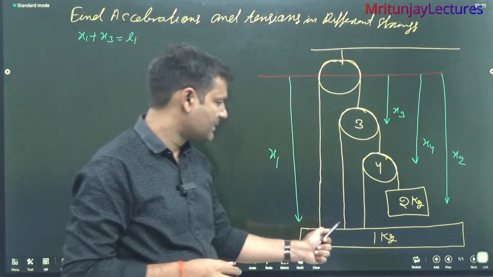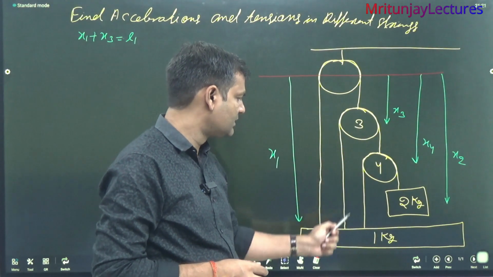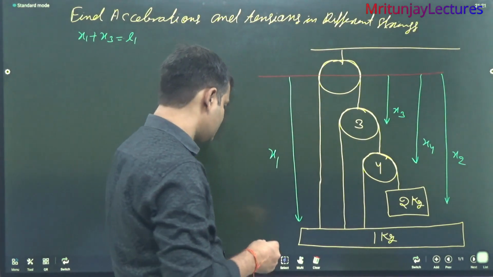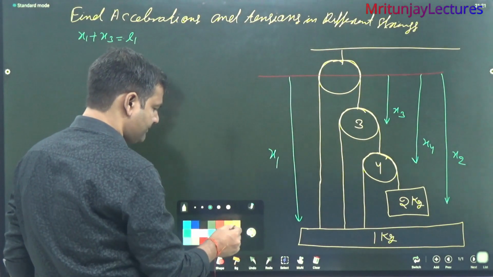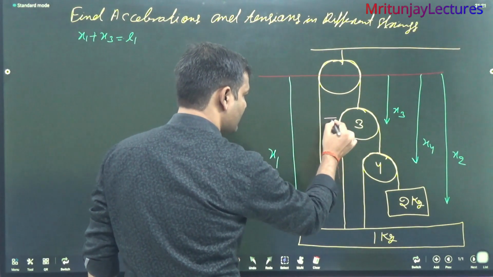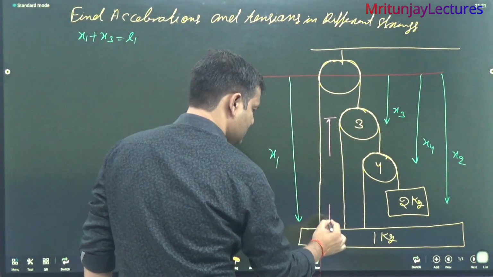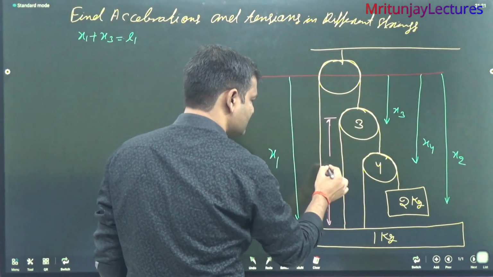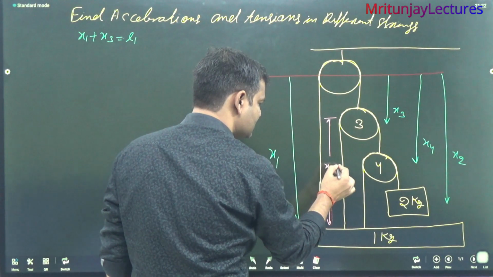Now the second one, the length of this string is L2. What about the distance? We have considered from here to here. This one is x1 and that is x3. So that length is x1 minus x3.